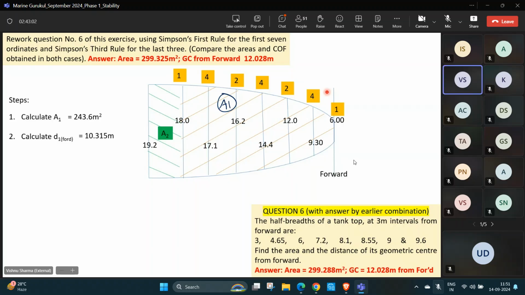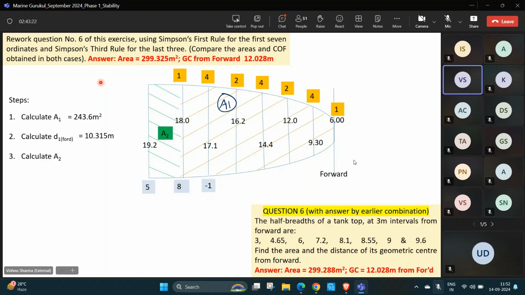Done, sir. Okay. Now we go to A2. I have already asked you, how will you assign the multipliers? You guys have already answered. It will be 5, 8, minus 1 starting from 19.2. So we apply 5, 8, minus 1. Very good.